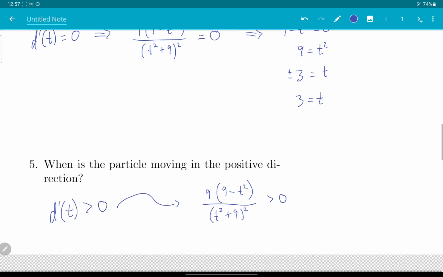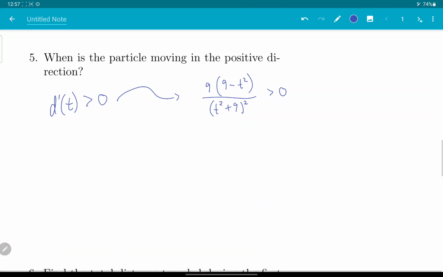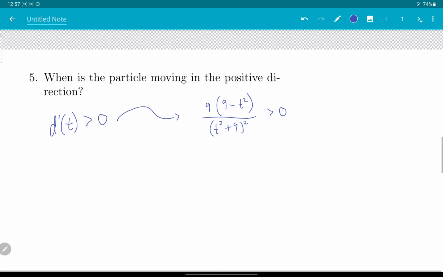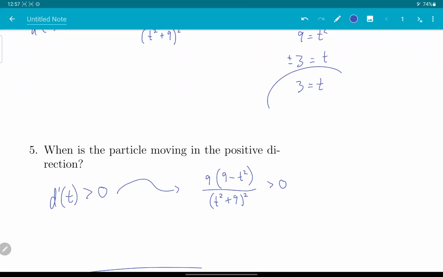Okay, how do I know when that is bigger than 0? Well, what I should first do is find out when it is equal to 0, which I've already done above. I found that when t is 3, or minus 3, this guy is equal to 0.